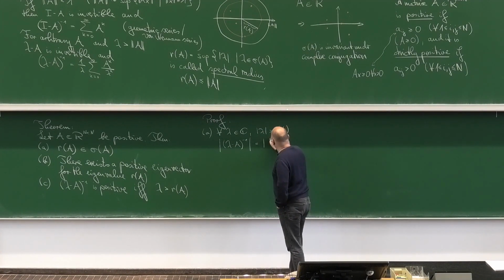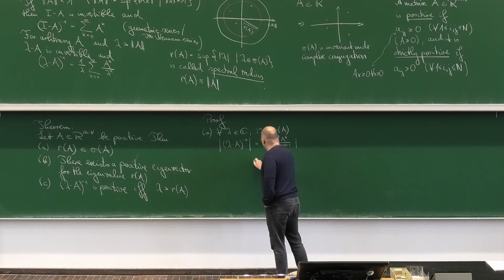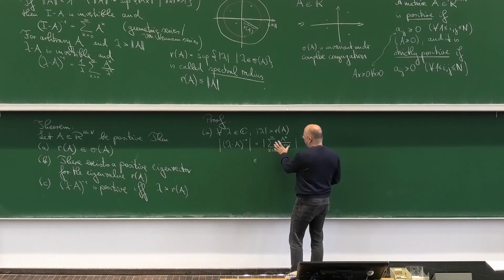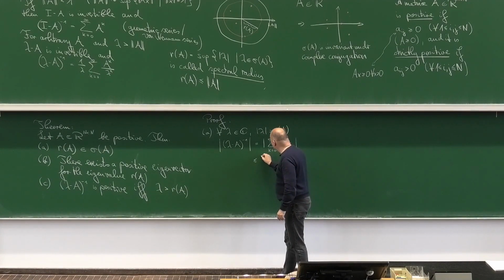So that's A to the power k divided by lambda to the power k plus 1. And here this goes from 0 to infinity. And so this is taken component-wise, this absolute value. And now there's again the triangle inequality.